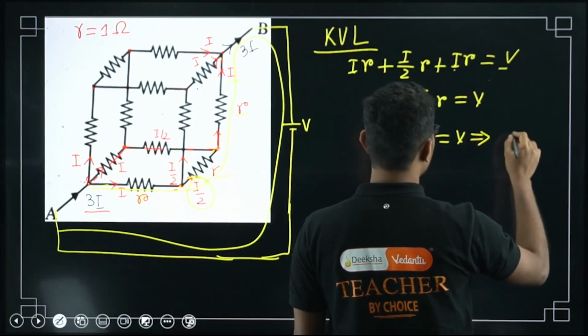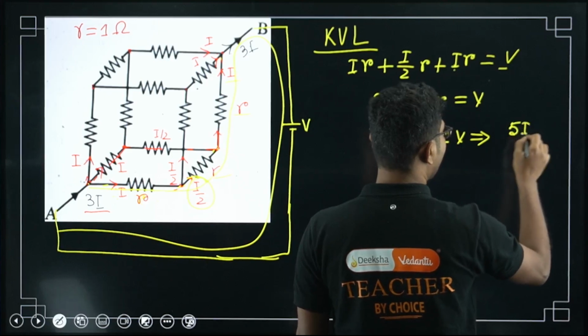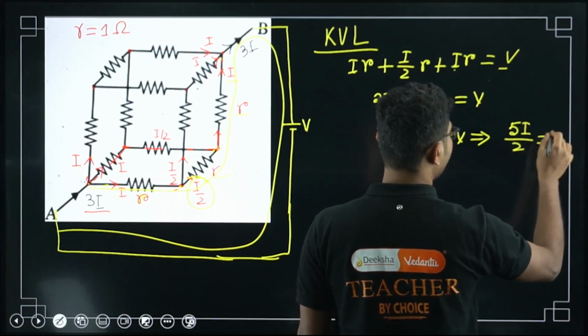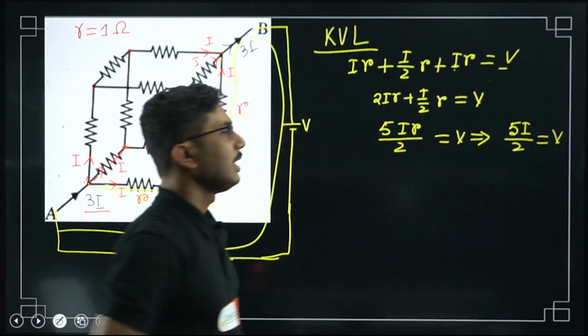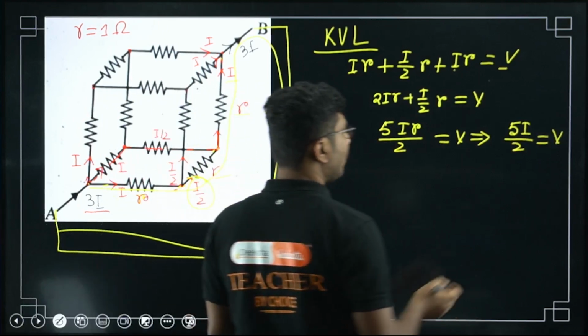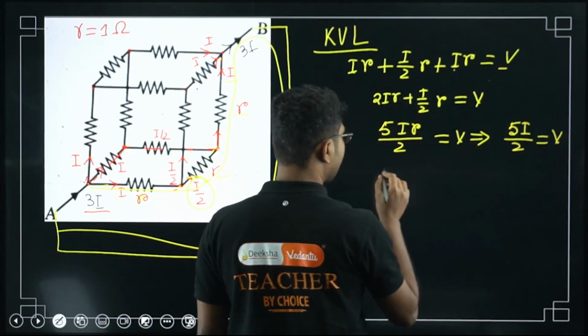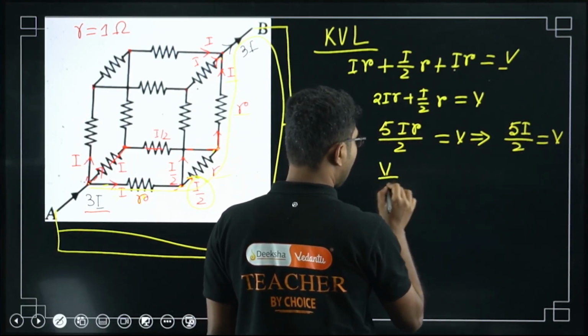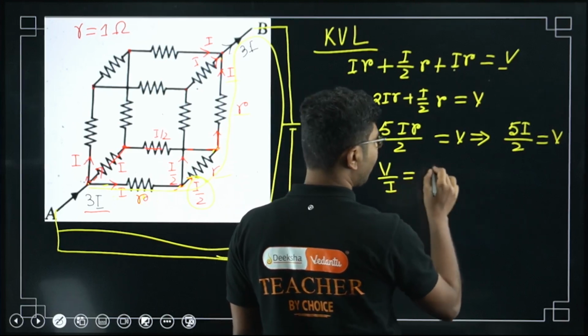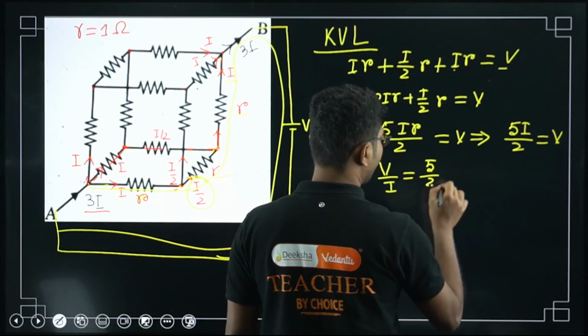Small r is 1 ohm, as I said. So 5I by 2 equals V. So from here you can say V by I equals 5 by 2.